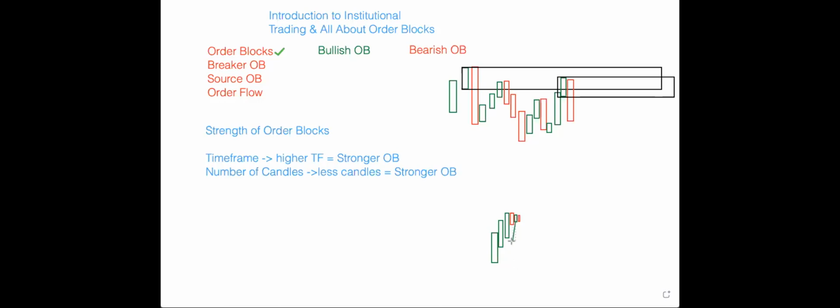So, sorry for my drawing. Just consider that. Then we have a bullish candlestick. Okay. So in this example, how do we identify the order blocks?